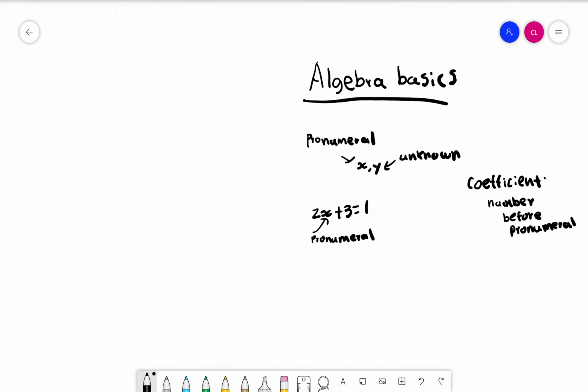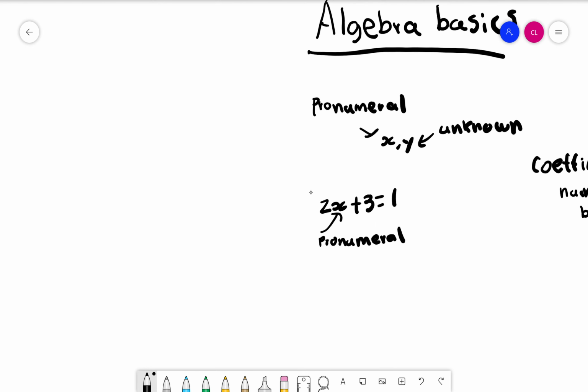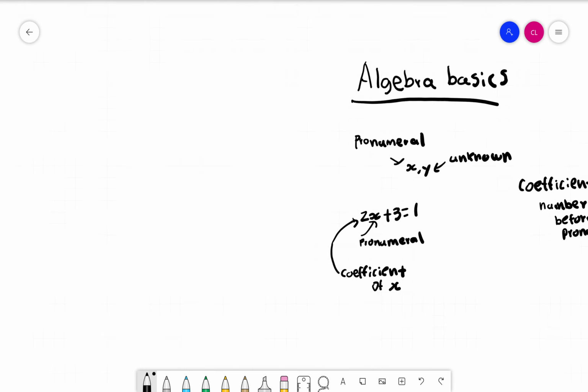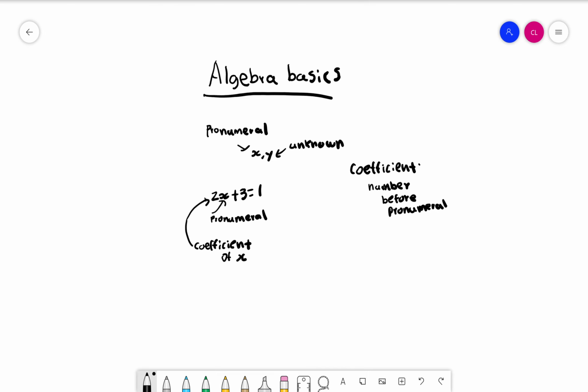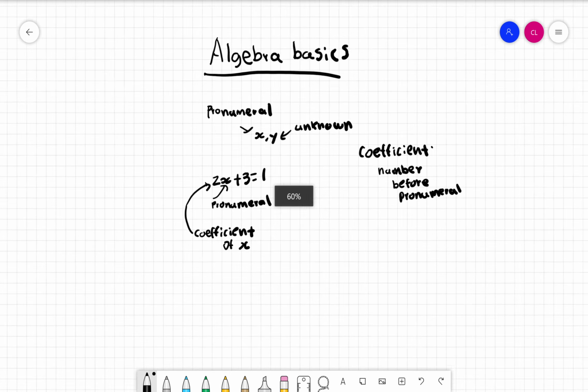As you can see, the coefficient is the one before the pronumeral. So this is the coefficient. Oh wait, I can't spell. Coefficient of x, right?